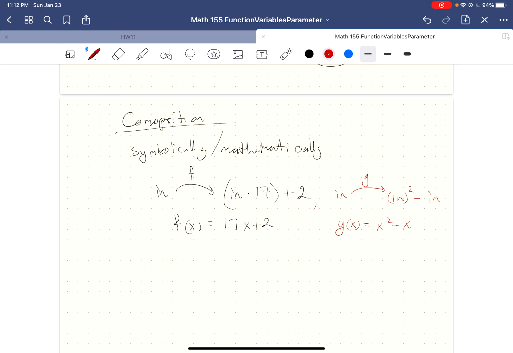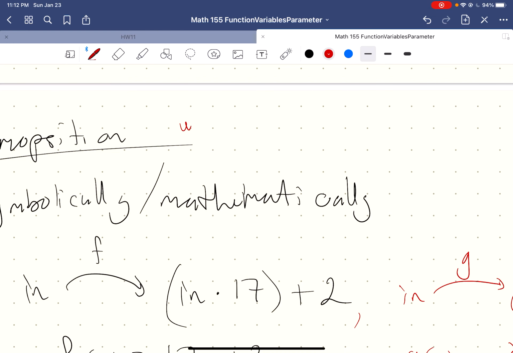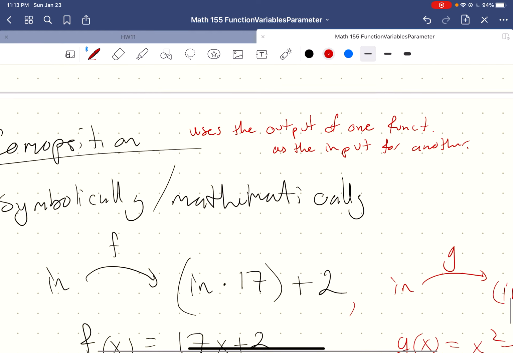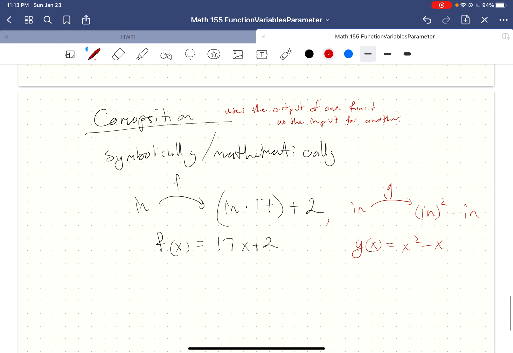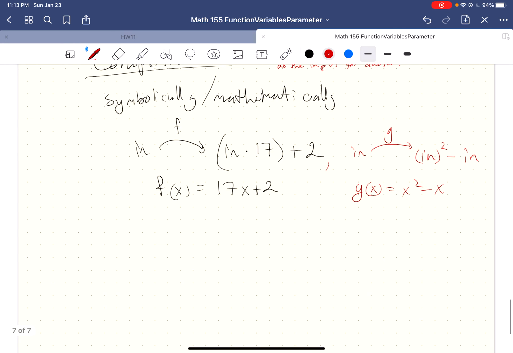Okay, function composition uses the output of one function as the input for another. So symbolically, I can talk about f of g of x, which is just notation.